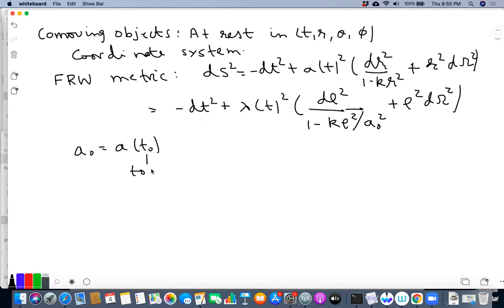This is today. And lambda of t is a of t over a naught.